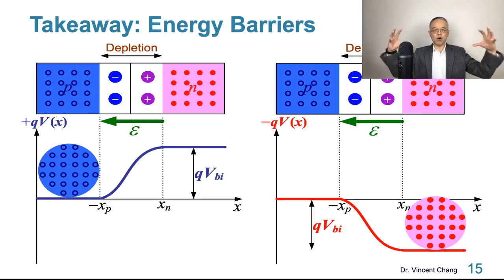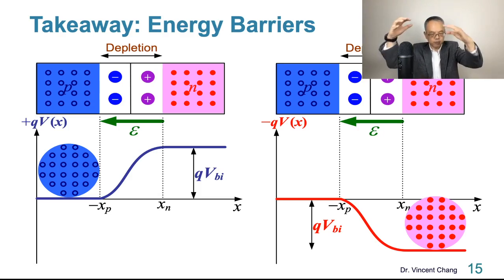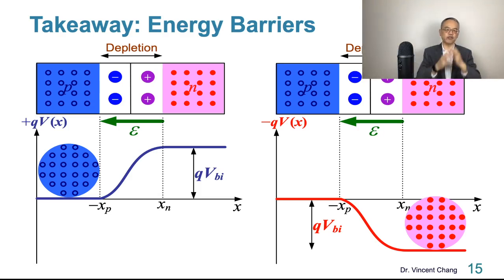So both majority groups, when they look into the center, the interface, they see the same potential barrier. That's the thermal equilibrium condition of a p-n junction in terms of the concept of energy barrier.